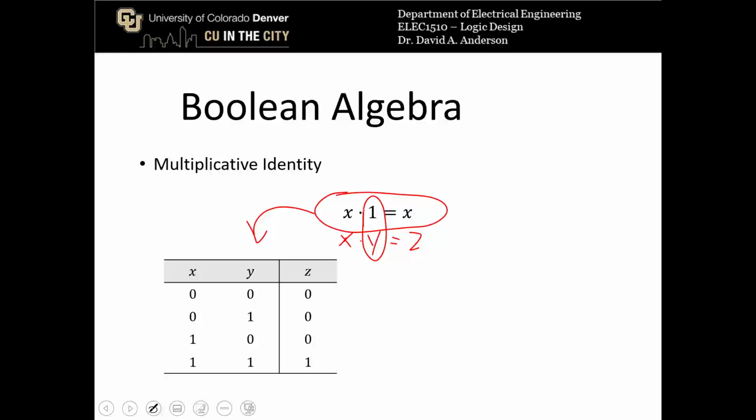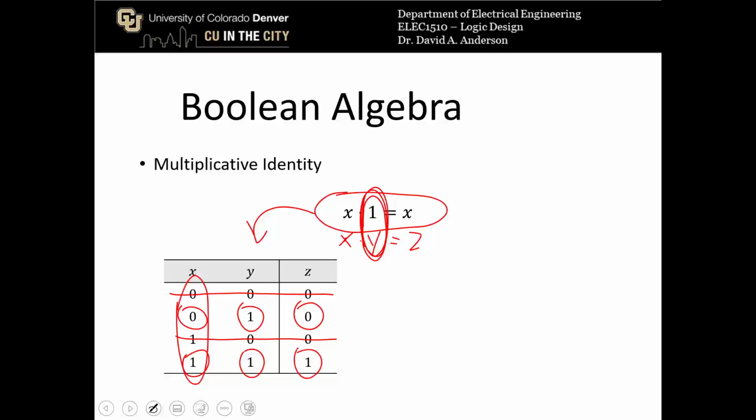So I have all of the possible values that x can take, but now y, because of y being equal to 1, can only ever equal 1. So I have to cross out the rows where y is equal to 0. So y is only ever equal to 1 here. I've crossed out the other rows. And now what you can see is that when x is 0, z is 0, and when x is 1, z is 1. So z is equal to x.